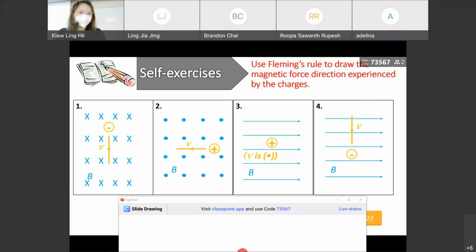Brandon, you all can type your answer in the chat. Left, right, up, or down.